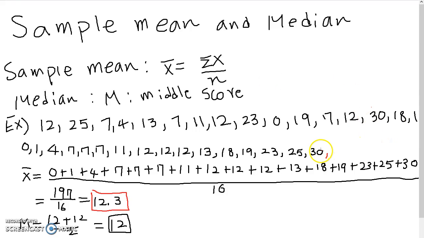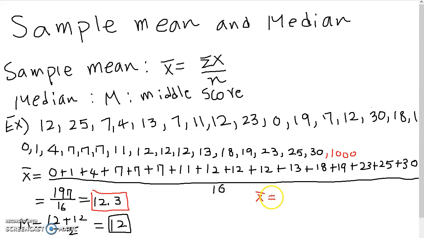this will make a difference in the sample mean. I'm just going to do this problem at the bottom here. If I include the 1000, now x bar is going to be, right?